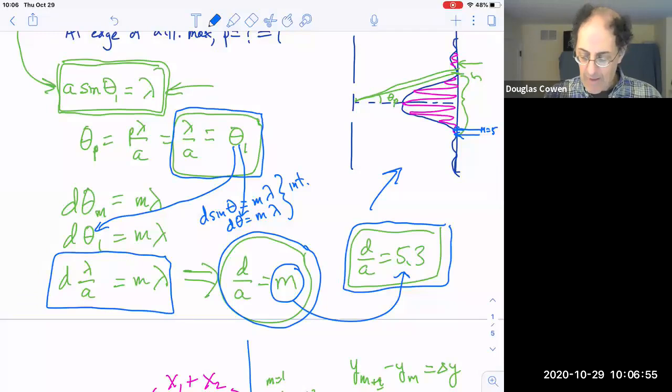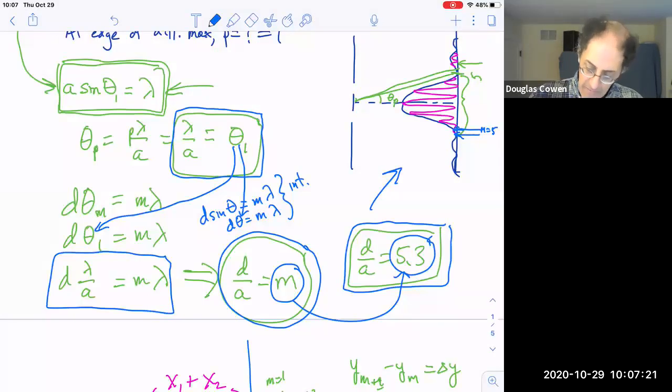Now, the way I've drawn it, it looks like it's actually the third peak because I didn't put enough wiggles in there. But that's the general idea, that the m equals 5 interference bright fringe will appear just before the first diffraction minimum, because the first diffraction minimum happens when m is 5.3.